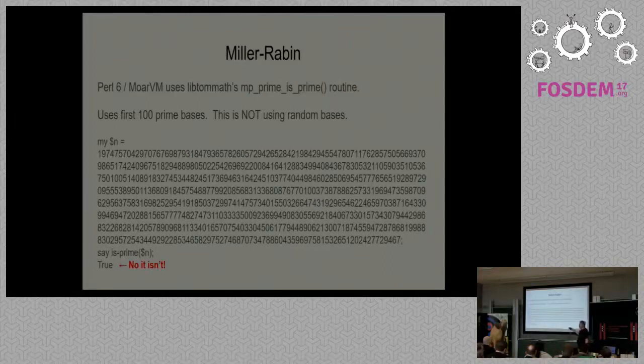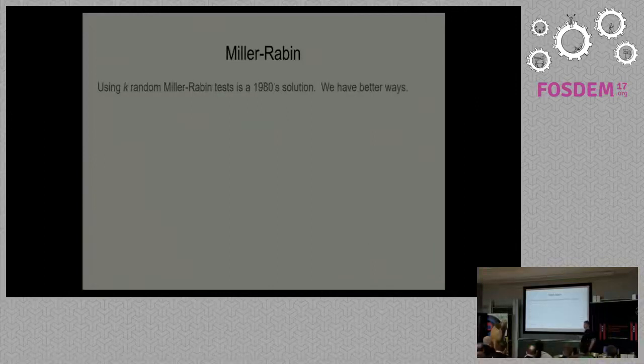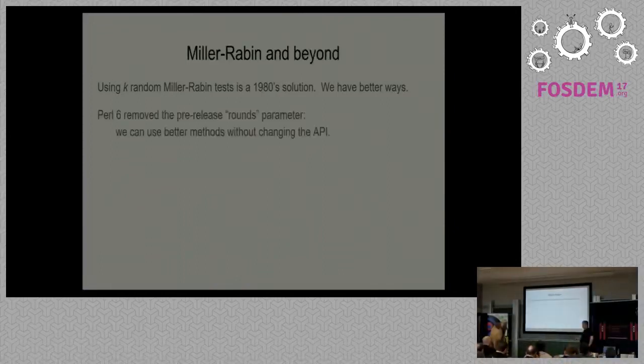The other thing is that using 100 of these tests is a significant overkill. We don't need to do that many tests. So that's a performance issue. And this was a common method in the 1980s. In the early 90s, some people published papers and said, you know, this is really problematic for a number of reasons.